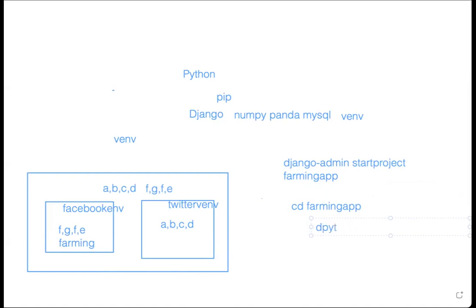If you are on Mac, you just type python3 space manage.py, then runserver. This is what we use to run a web application or a website in Django. All right. If you're on Windows, you just type py space manage.py space runserver.